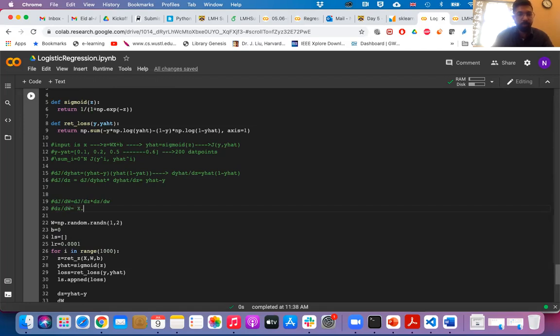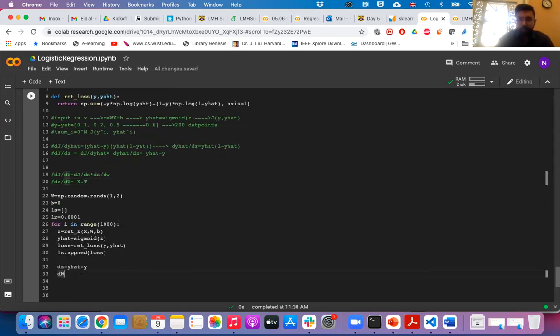This is X transpose. I will explain where I get this from. I'll go back to the notes and calculate it for you. So I will just put in the values.